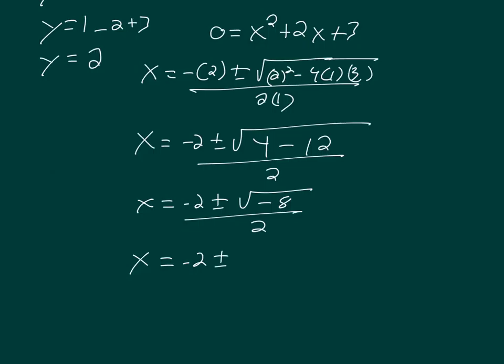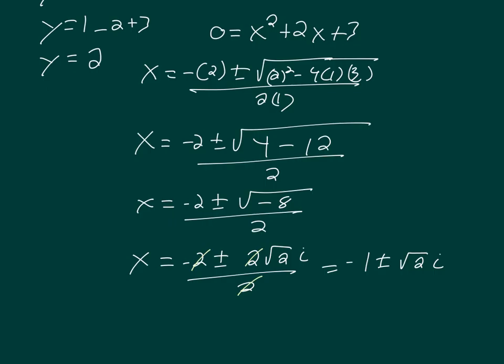If I simplify the square root of negative 8, it's going to be 2 rad 2 i. And because everything's over 2, I can cancel a whole bunch of stuff. And I'm looking at negative 1 plus or minus rad 2 i. And so those are my zeros there, which are not real.